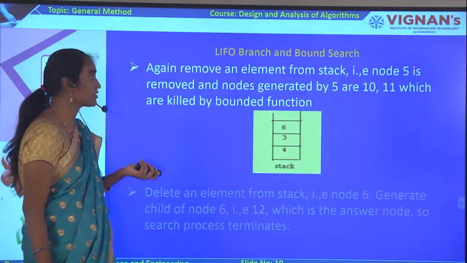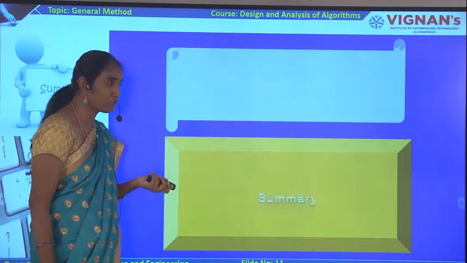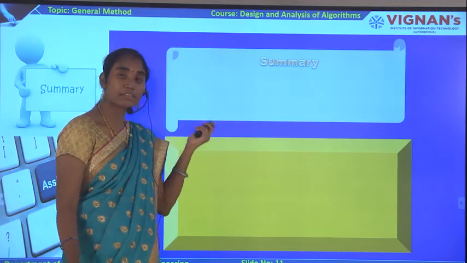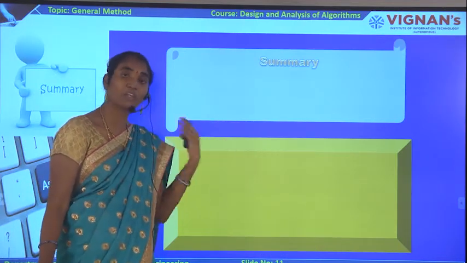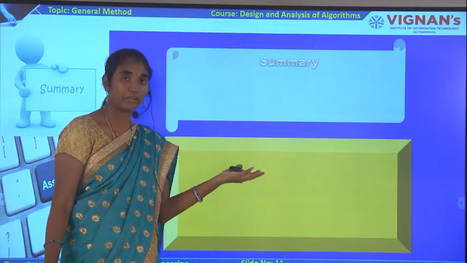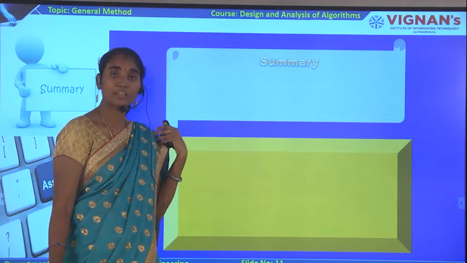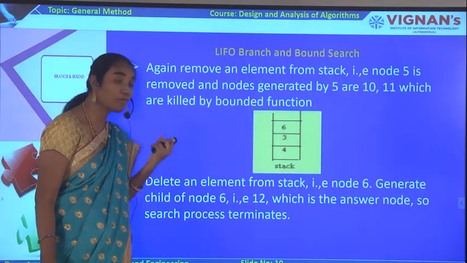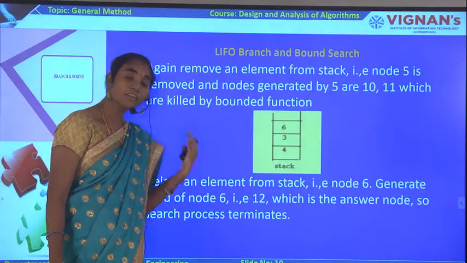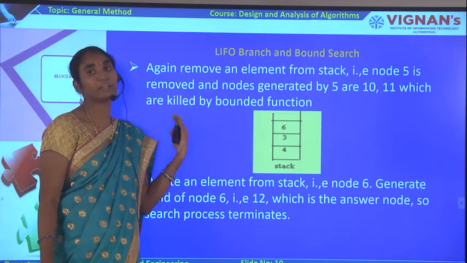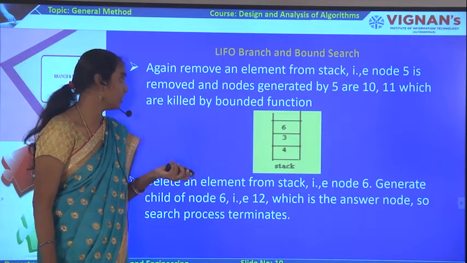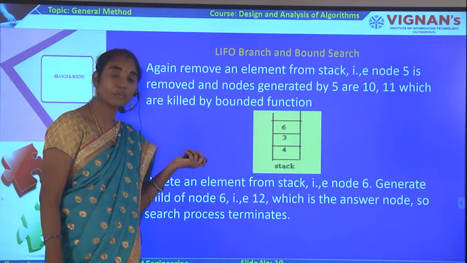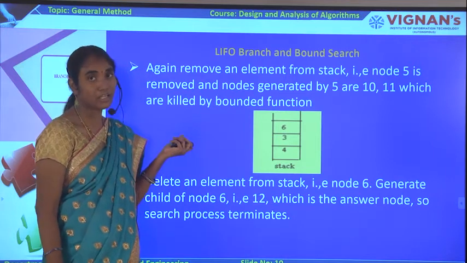Likewise the search process continues until node 6. Whenever I pop node 6, whose child is 12, I found the solution. As I found the solution, it terminates and returns the answer node. This is how the LIFO branch and bound search strategy works.